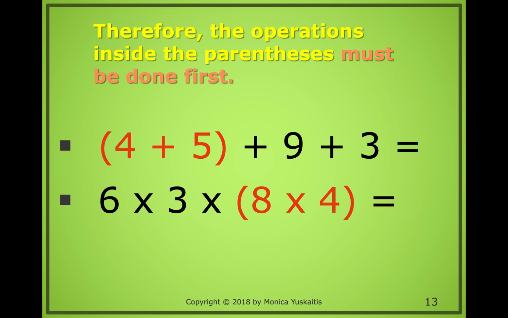Therefore, the operations inside the parentheses must be done first. So let's look at this one: 6 times 3 times parentheses 8 times 4. So I need to do that 8 times 4 first, right?